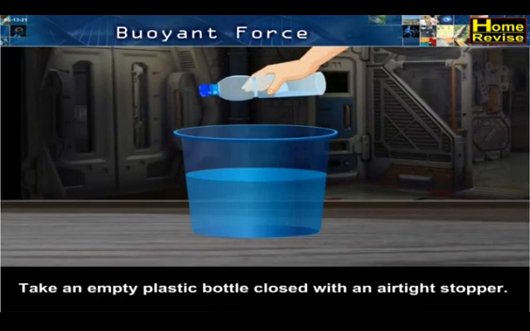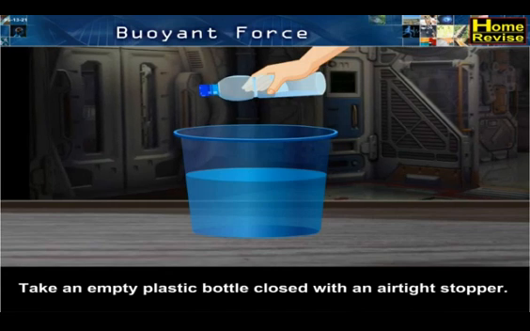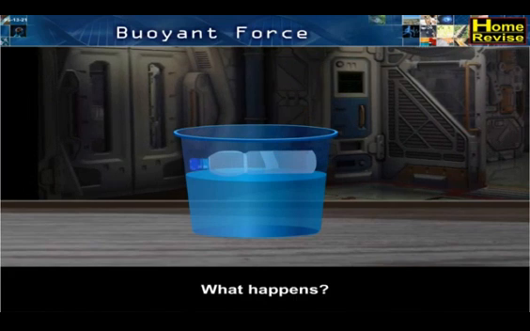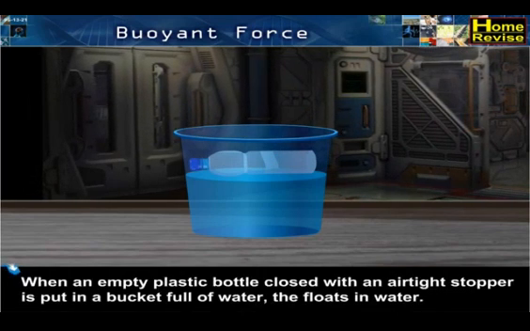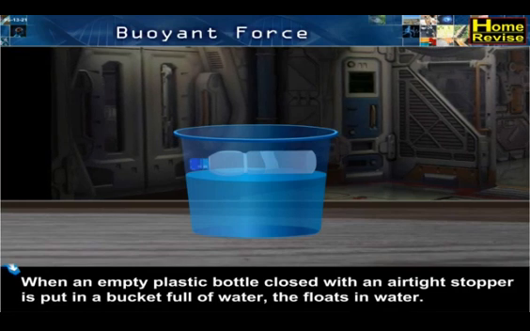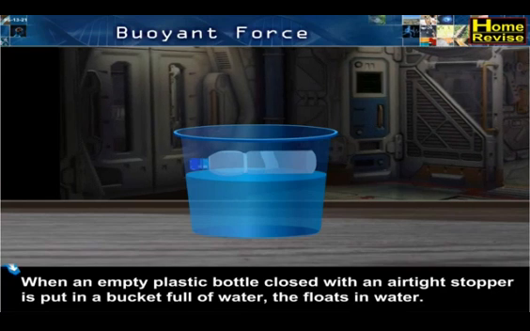2. Take an empty plastic bottle closed with an airtight stopper. Put it in the bucket full of water. What happens? When an empty plastic bottle closed with an airtight stopper is put in a bucket full of water, it floats in water.